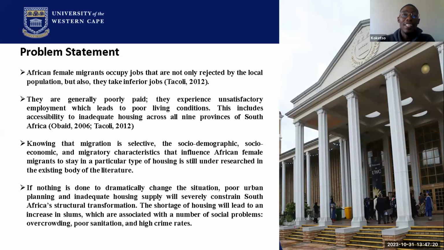And if nothing is done to dramatically change the situation, it will lead to poor urban planning, it will lead to inadequate housing supply, and it will constrain the South Africa structural transformation. The shortage of housing will lead to an increase in informal settlements, or what we refer to as slums, because these are usually associated with problems of unemployment, and they lead to overcrowding, poor sanitation, and high crime.